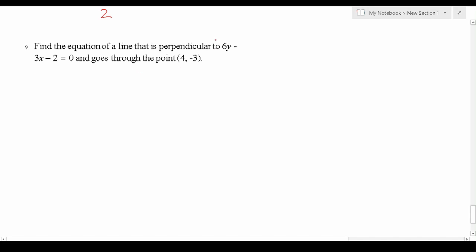So what we're going to do is take this equation, write it in slope-intercept form, which is y equals mx plus b. We're going to use the fact that it's perpendicular, which means that its slope is going to be a negative reciprocal. And then we're going to use the point to write the new equation of the perpendicular line. So let's go ahead and do that.